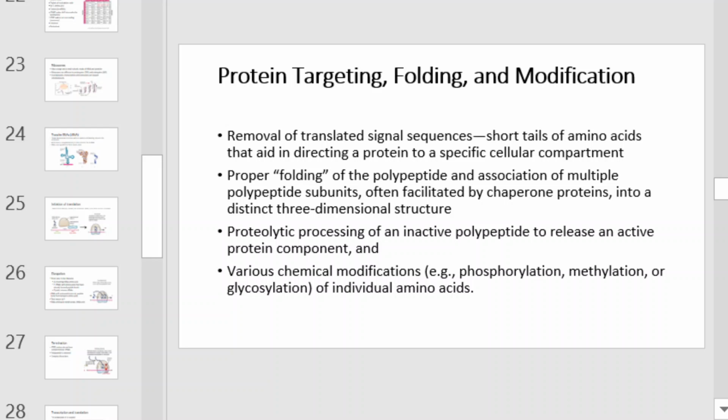Proper folding of the polypeptide and association of multiple polypeptide subunits, facilitated by chaperone proteins, can guide the amino acid sequence into becoming a three-dimensional structure. Proteolytic processing of an inactive polypeptide can release an active protein component, and various chemical modifications, such as phosphorylation or methylation, can occur, adding to an individual amino acid.